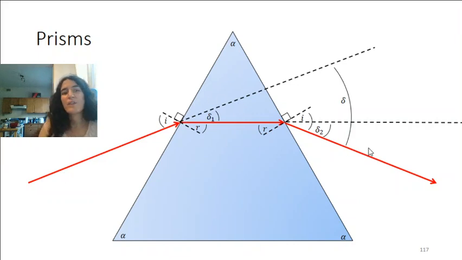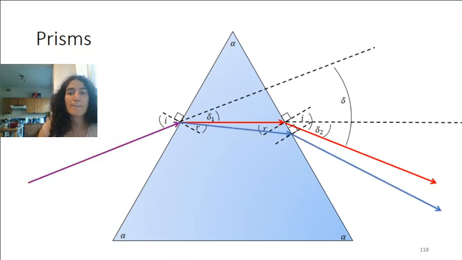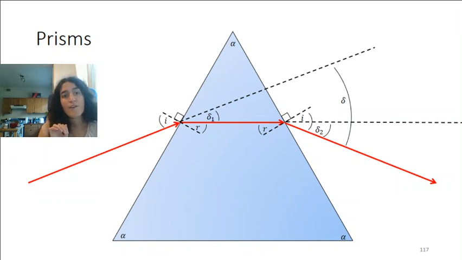Okay, so I only wanted to do the triangular prism because now I want to talk about what happens for a circular prism, because for a circular prism, it's mimicking what's happening in a cloud, right? So a cloud has a bunch of droplets of water. Each droplet of water is its own prism that's creating the rainbow. So let's also look at what's happening for blue light.